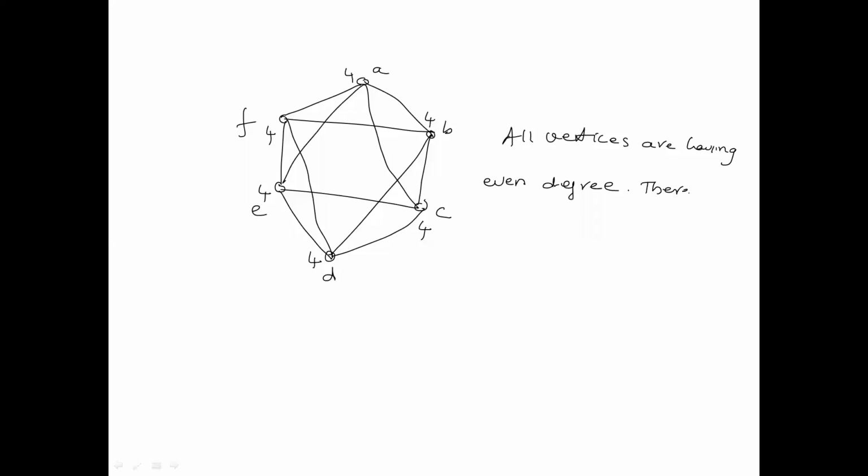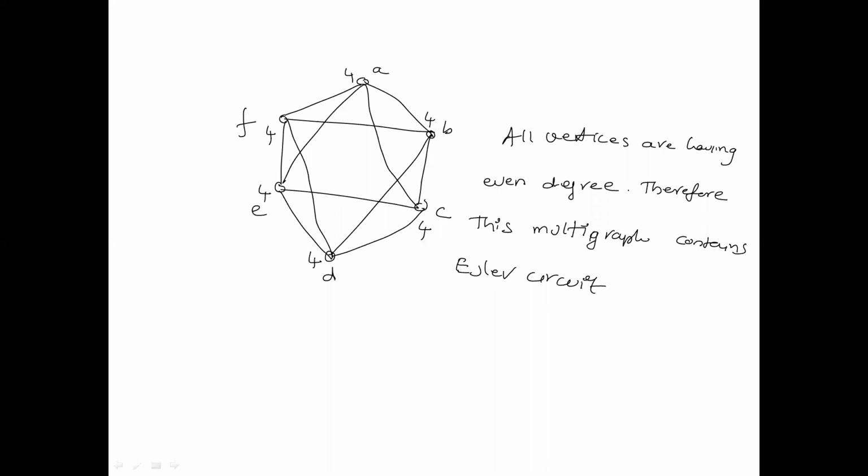Therefore, this multigraph contains Euler circuit. Is it clear? And there is one more important term, at least this term you should know.